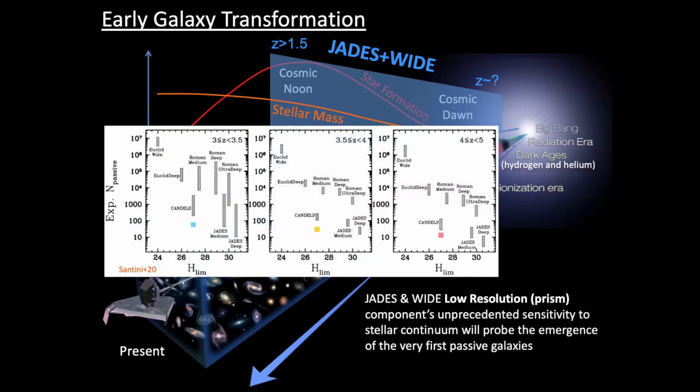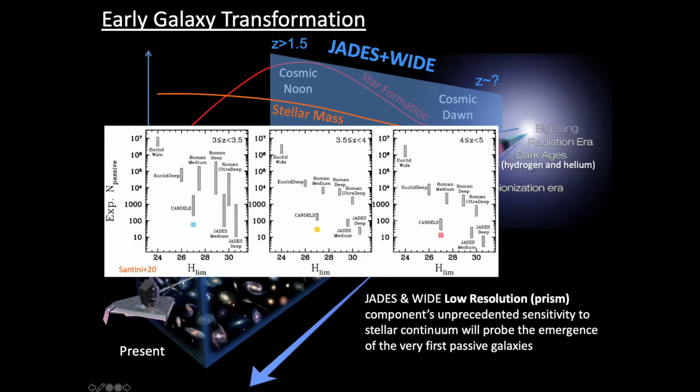And on the other hand, the low resolution prism component of the survey is exceptional in terms of sensitivity to the stellar continuum, and therefore we expect to identify and confirm the presence of passive galaxies and characterize them out to very high redshift.